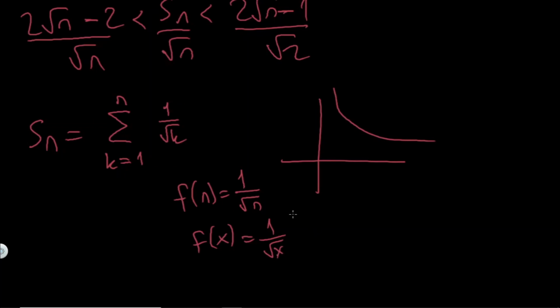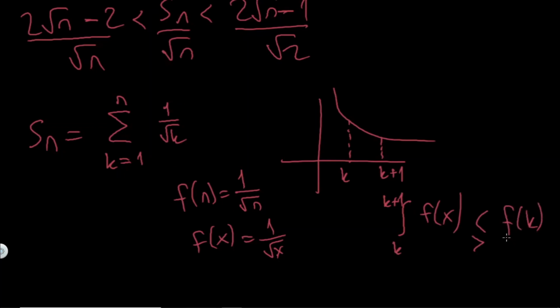And what I can do is maybe look at the values from k to k plus 1. Maybe if I look at the integral from k to k plus 1 of fx, either this would be greater or less than fk. Would this be true? How can I see that?